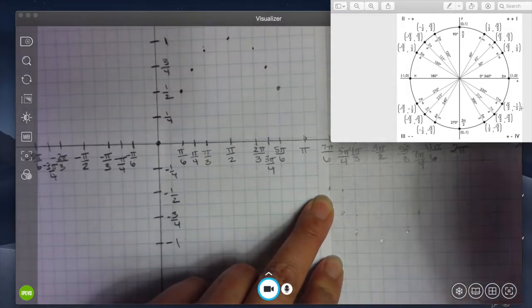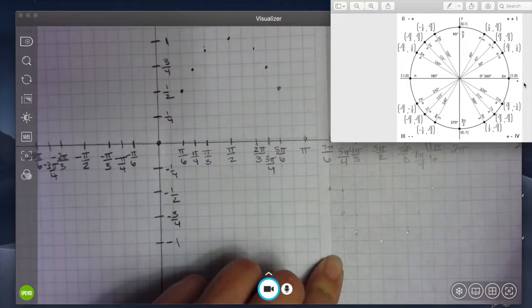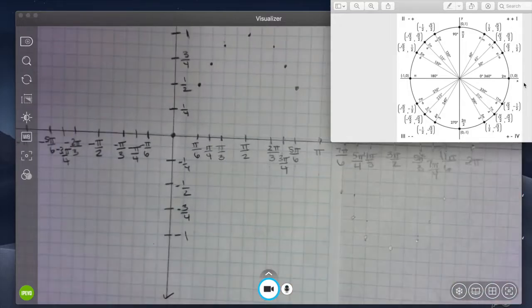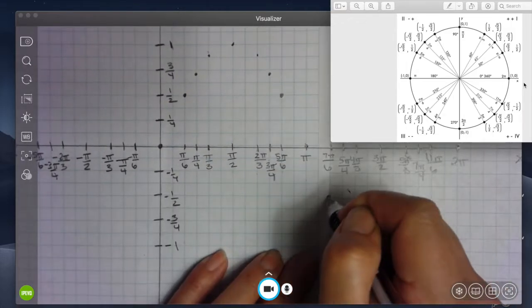And then we come back full circle to 2 pi, and the y value is going to be 0. Okay, now we're going to sketch our curve. It's going to be nice and smooth.